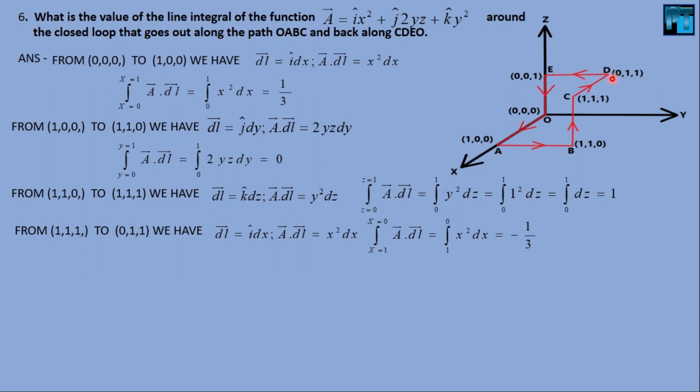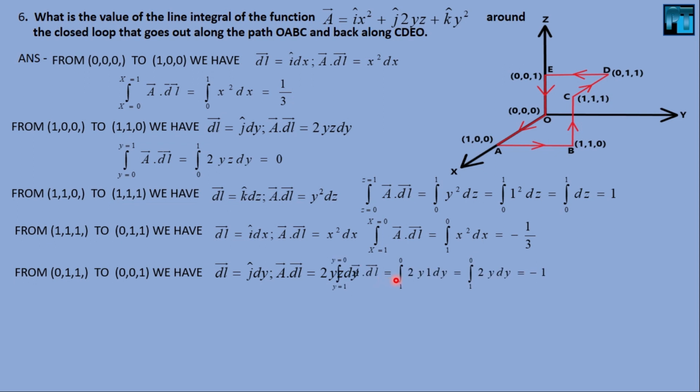Now we will go from D to E, that is 0 1 1 to 0 0 1. So z is not changing and the value is 1. x is not changing, the value is 0. Only y is changing from 1 to 0. And dl equal to j cap dy, A dot dl equal to 2yz dy. What is the value of z? z equals 1. So it becomes 2y dy.